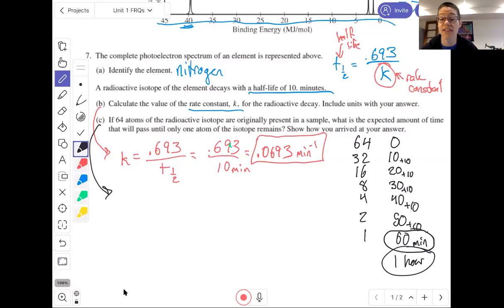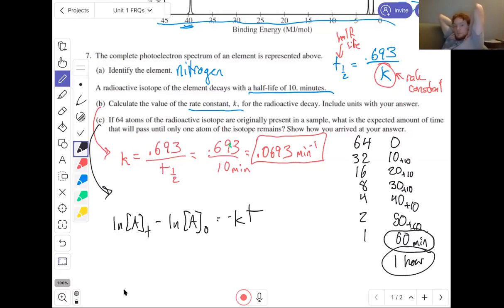So again, the other way to approach it is to use the first order equation, which we're going to label on your formula sheet, so you know this is a first order thing.